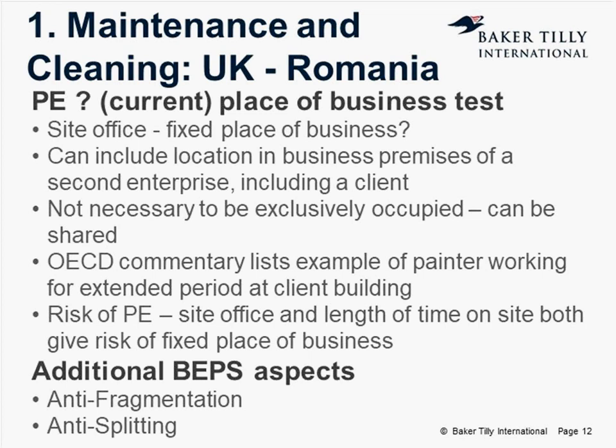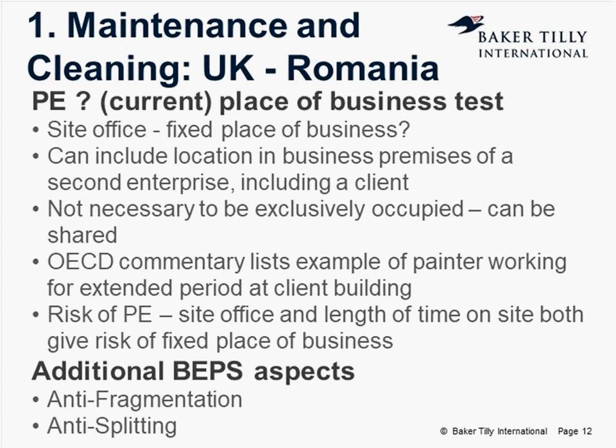Especially the anti-splitting rule is something the company could think about by doing the work one after the other, or on the other hand, by using a sister company, another group company, and splitting up the services to avoid a permanent establishment.